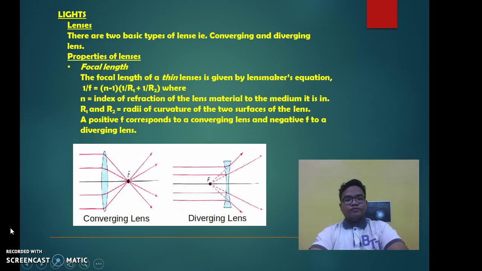Lens. There are two basic types of lens, converging and diverging. Properties of lens. Focal length.